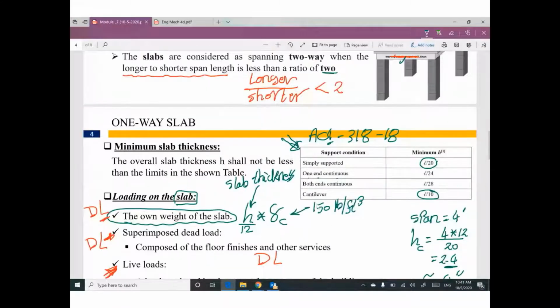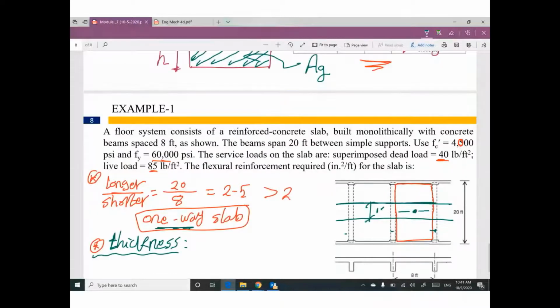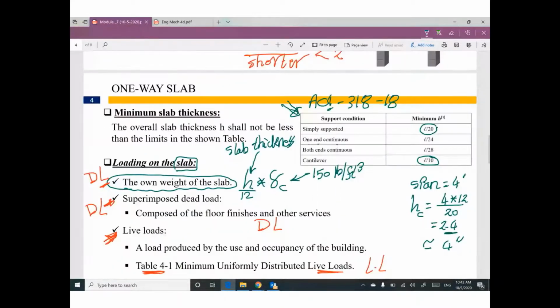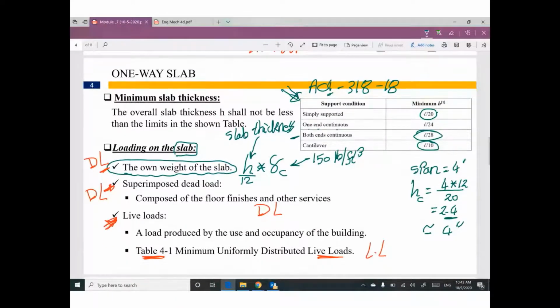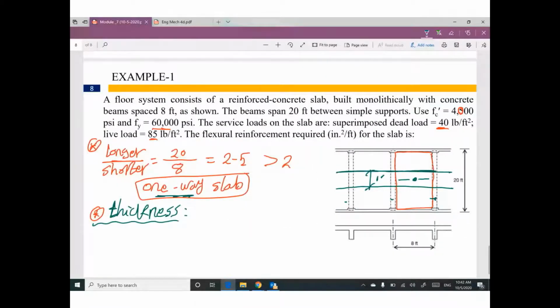We have simply supported. I believe your slab is not simply supported. Yeah, we have many supports here, here, here. We don't have continuous from one side. Actually, we have continuous from both sides. So this one will be more realistic. Span divided by 28 is your thickness. Continuous from both sides means this one is continuous from here and here.